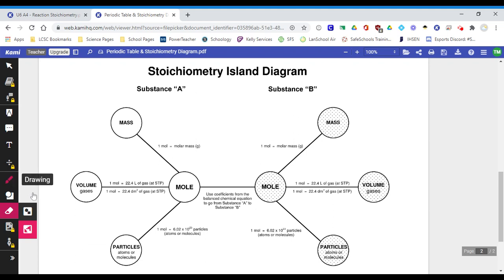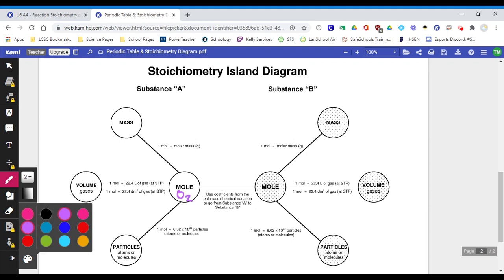So we are going from moles of O2 and try to convert to moles of C2H6O. Okay, so our island diagram should show us how we can go from one to the other. It's kind of our safety net for making the right conversion.